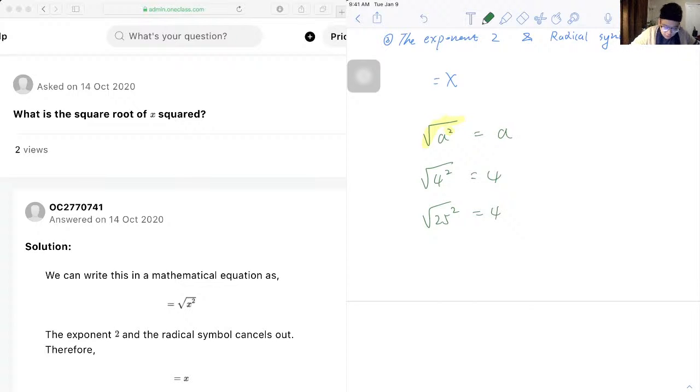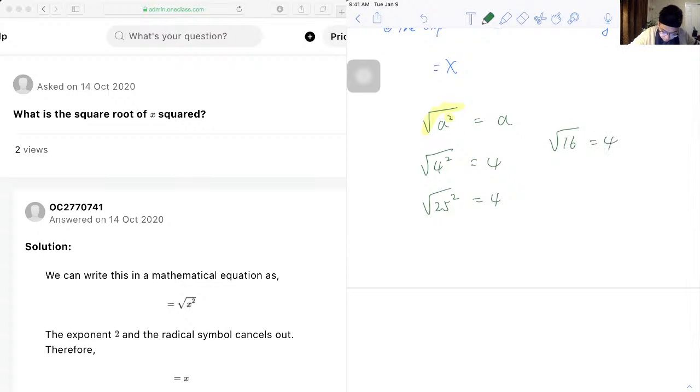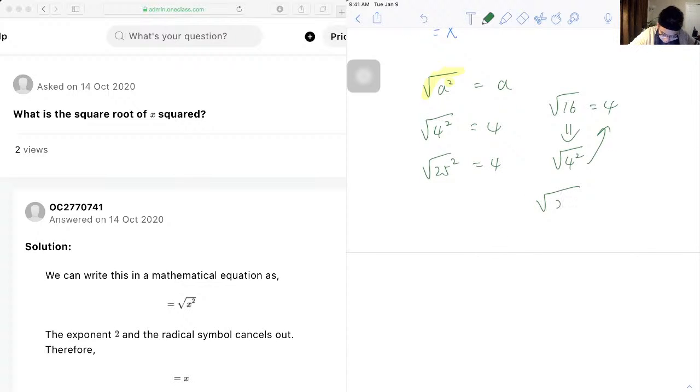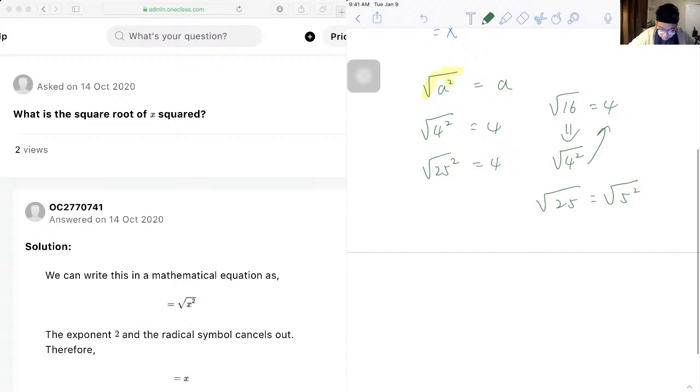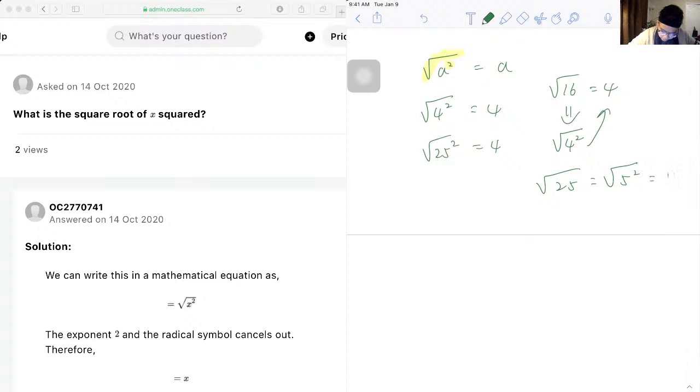Also, if we come across a perfect square, like root 16, that will be equal to 4 as well, since we can rewrite root 16 as root 4 squared, and root 4 squared is just equal to 4 itself. Similarly, root 25 could be written as root 5 squared, and the square part and the radical symbol cancel out, so we have 5 left.